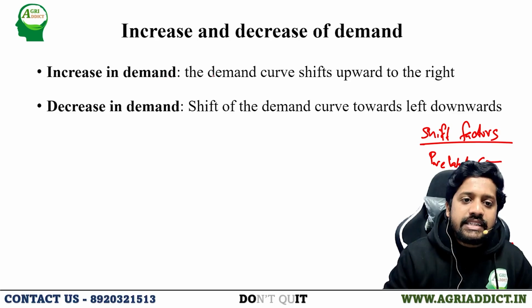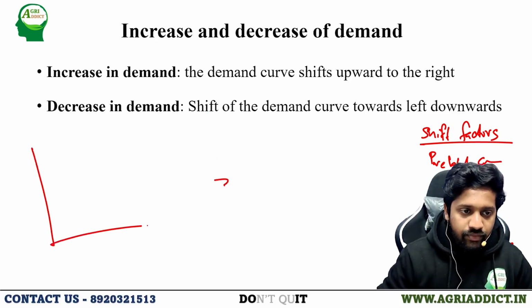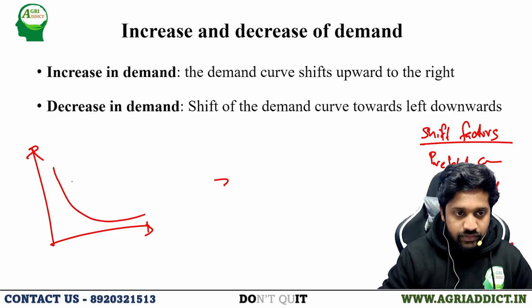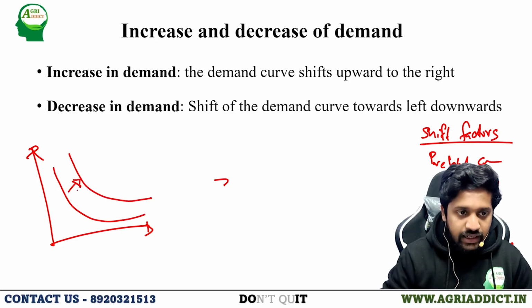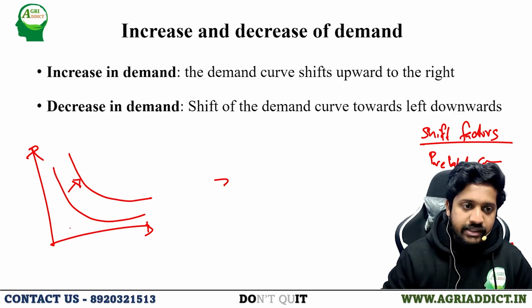So increase in the demand is nothing but the demand curve shifting upwards to the right. Let this be the demand curve. What if it shifts upward because of some of these shift factors?